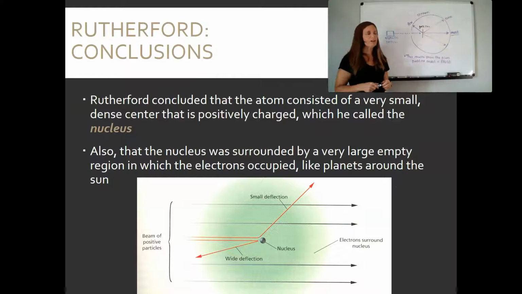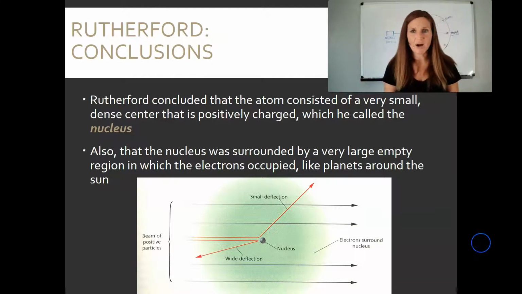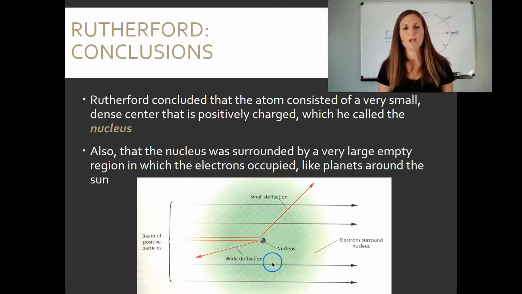So Rutherford came up with some really good new explanations for how these results might be possible. What Rutherford describes is an atom like you're looking at right here on the page. We see the nucleus in the center and this green sphere of electron cloud.